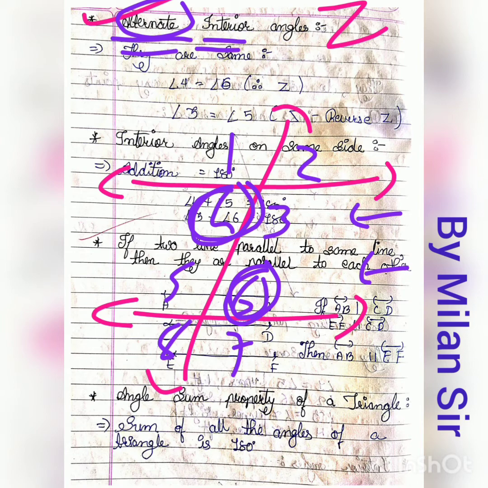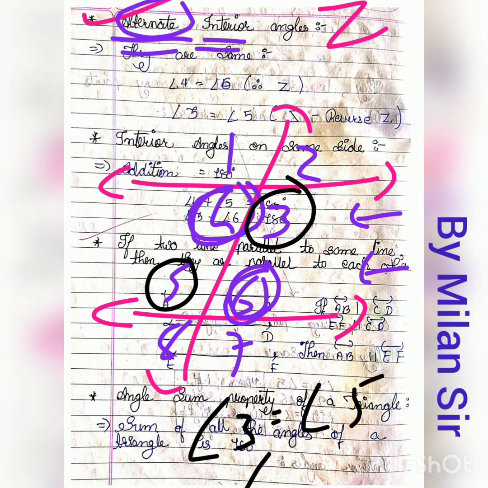And for the second pair, 3 and 5, one from the right hand side, one from the left hand side. These two are also alternate interior angles. So angle 3 and 5 both are same, and angle 4 and angle 6 both are same. So angle 3 is equal to angle 5 and angle 4 is equal to angle 6.